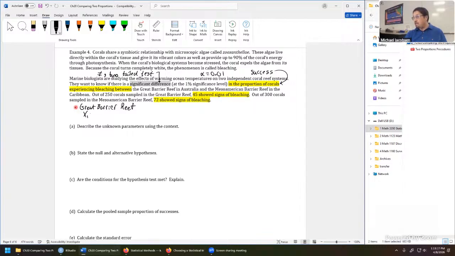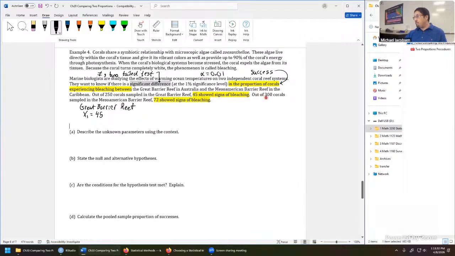We had X1 in our notation, uppercase X, starting in chapter 19, means the number of successes, which was 45. So X1 is 45. The sample size N1, this was a sample of 250 corals. You have to get that information right. So right here, N1 is 250. So that takes care of one sample.